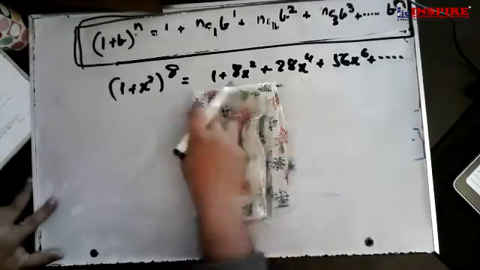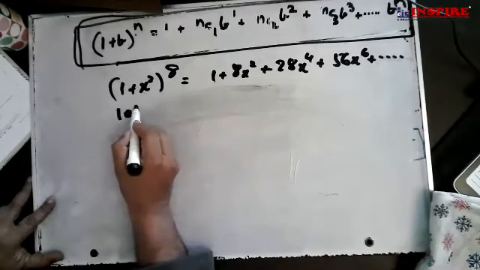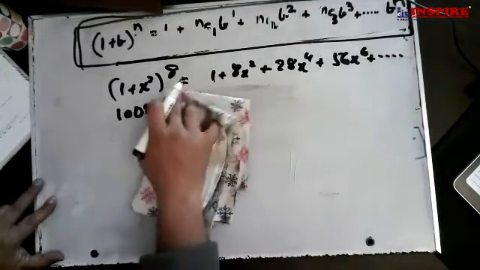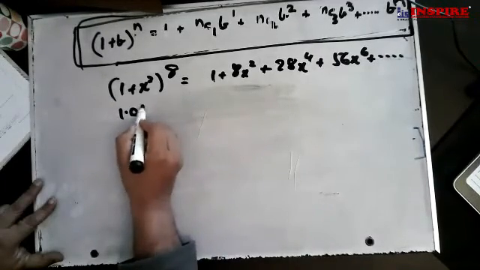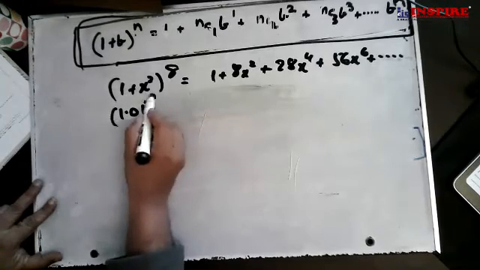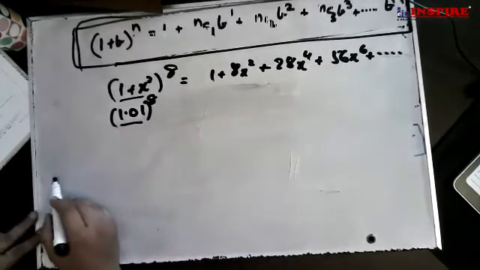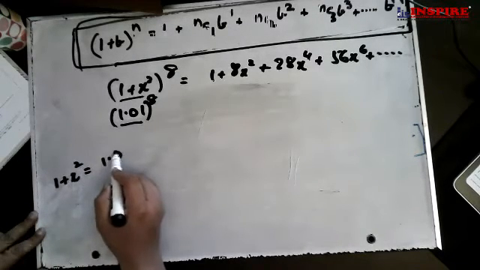So what I'm going to do is write 1.01 to the power of 8. अंदर वाली चीजों को बराबर कर दो. 1 + x² should be equal to 1.01.